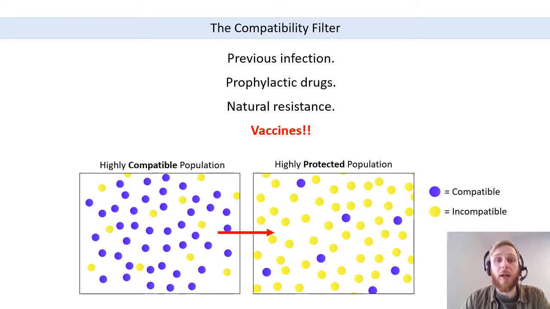So that means while someone is taking the prophylactic drugs, they are incompatible with that particular virus. So you are inducing incompatibility this way, which again is closing this compatibility filter. Natural resistance. So some individuals will just have a natural incompatibility with a particular virus.